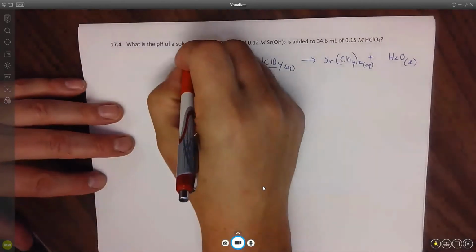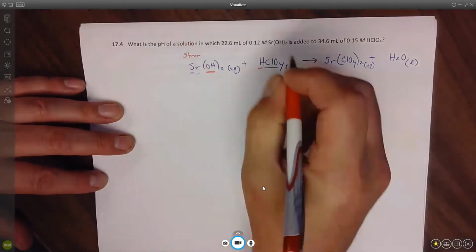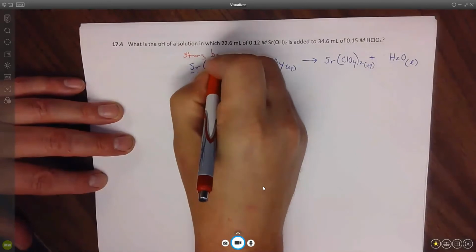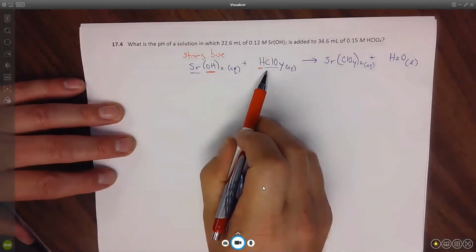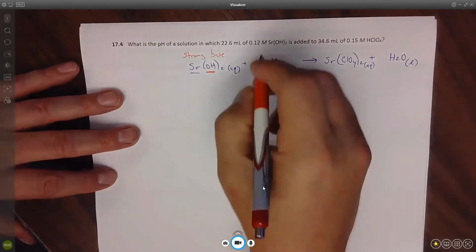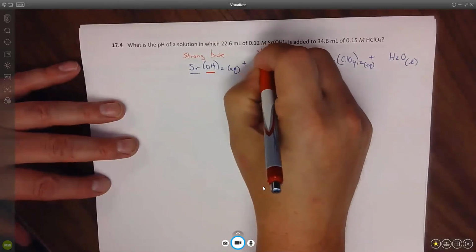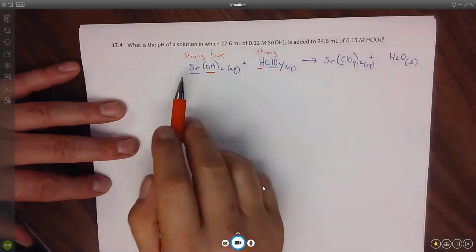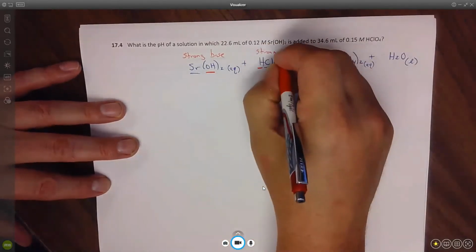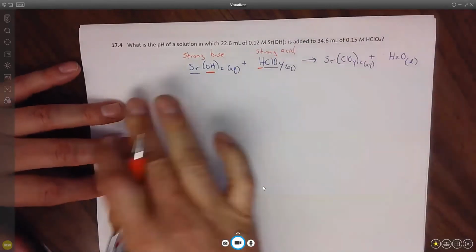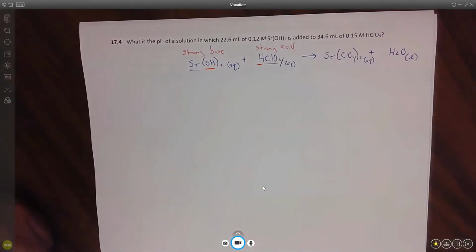Yes, this is a strong base. What would you classify this as? A strong acid. Yeah, it's perchloric acid. It's one of our 6 strong acids. And again, how do you know that? Well, you must know your 6 strong bases and your 6 strong acids. So yeah, these are strong electrolytes. We're just going to have a single arrow. There's not going to be any equilibrium here. Now that's important to answering this question.